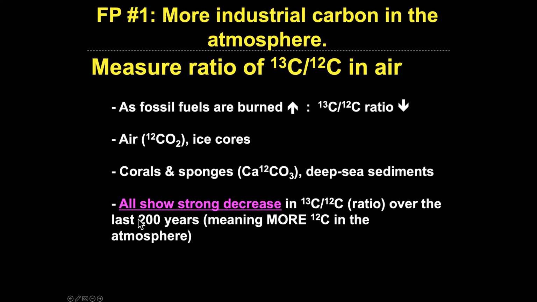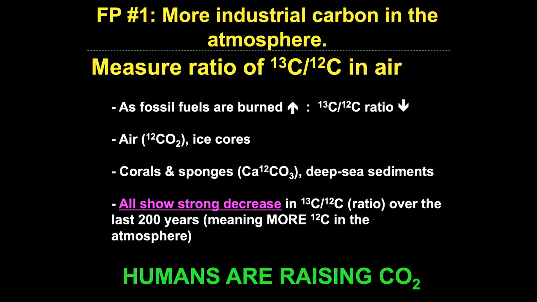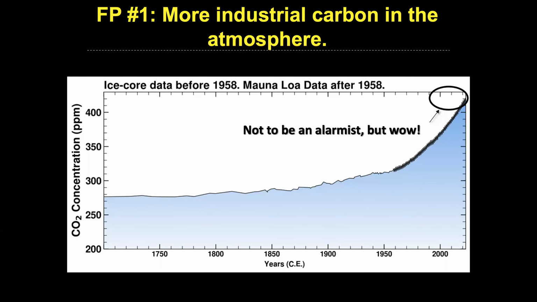And basically, in the last 200 years, since the Industrial Revolution, there is more carbon-12 in the atmosphere. So that's just a very basic bottom line issue. So humans are responsible for this really dramatic increase in CO2. And here it is. So roughly from about 1750, this is generally believed to be the beginning of the Industrial Revolution. So it began to go up.